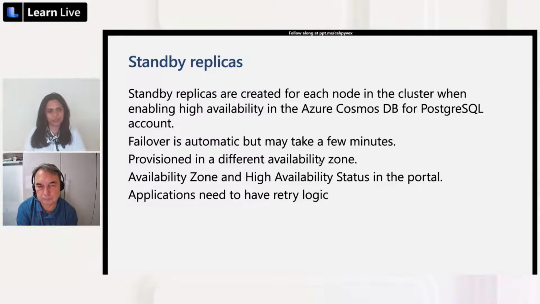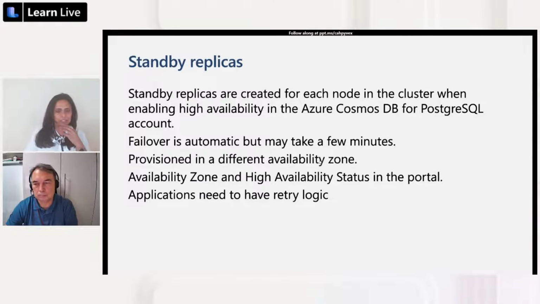So if you want to see what's the condition of my cluster, is it available, where is it, what's the status of my high availability, you can check it out in the portal. And when we're talking about availability zones also, just make sure that you go and look at the documentation to see which regions have availability zones, because some of the regions do not have. So just go and check it to see whether it's available or not.